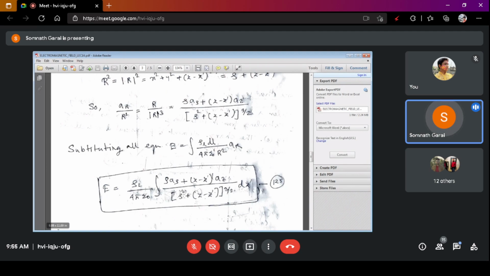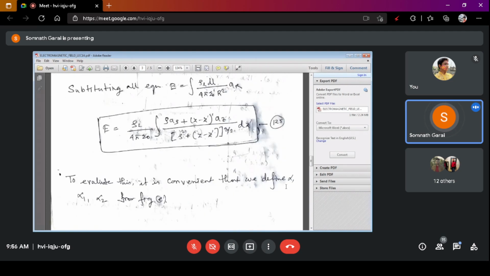So E is equal to rho L by 4 pi epsilon naught, integration over (rho a rho plus z minus z dot az) divided by (rho squared plus (z minus z dot) squared) to the power 3 by 2, dz dot. That is equation number 115.